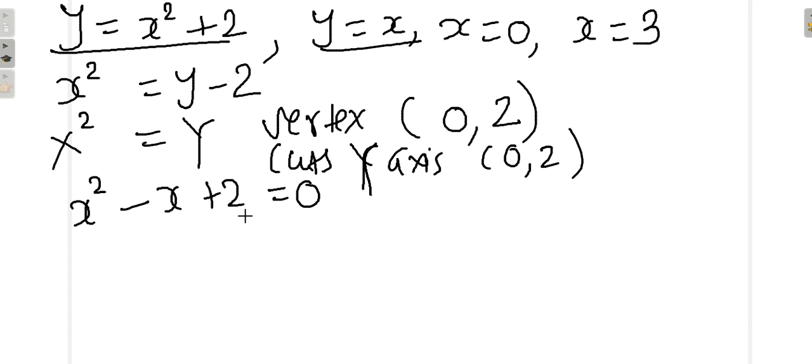So the line y equal to x never meets y equal to x square plus 2. They are two different curves. They never meet each other. So with this information now, we are ready to draw. You can keep this for your reference.